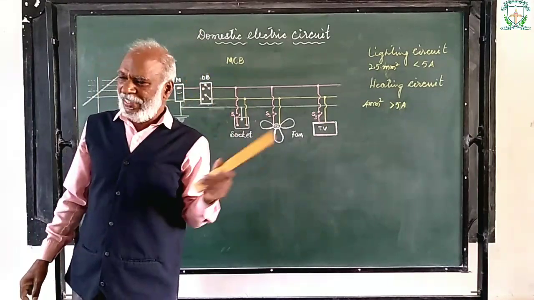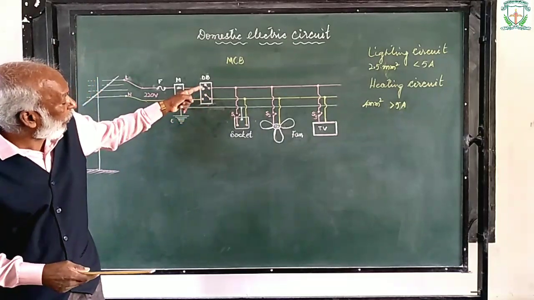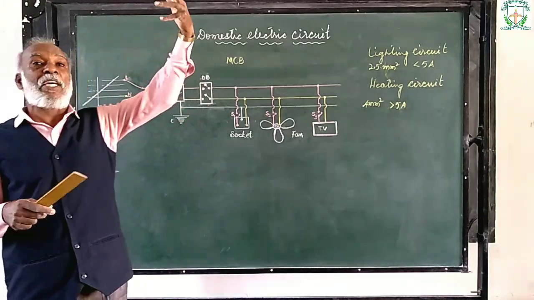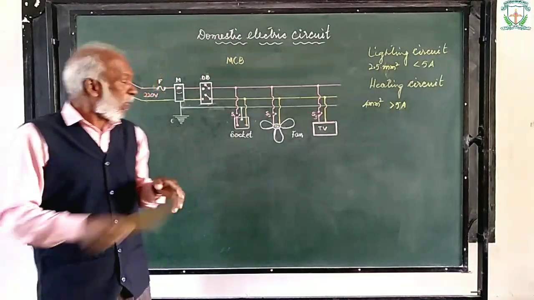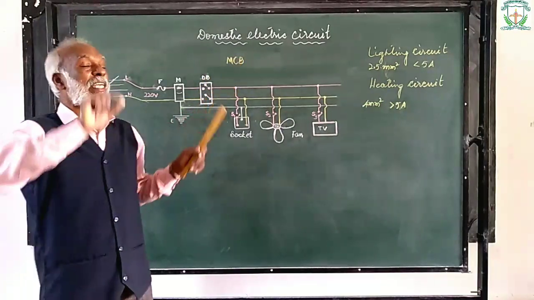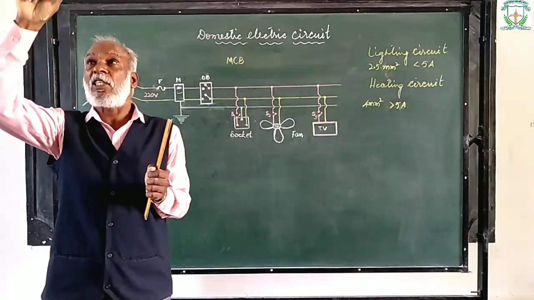What are these circuit breakers used for? Here I have shown only one. So you go home in the evening and examine your distribution box at home. You can see so many miniature circuit breaker switches. Sometimes some of the circuit breakers trip.